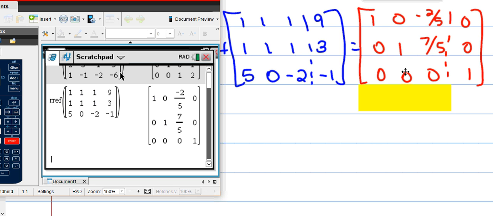On the left side of that dotted line we have all zeros, and then there's a number on the right. That's the key factor that makes this a no solution. The numbers on the bottom are all 0, except a number on the right side. That makes this a no solution.